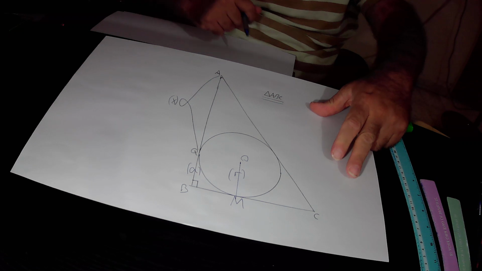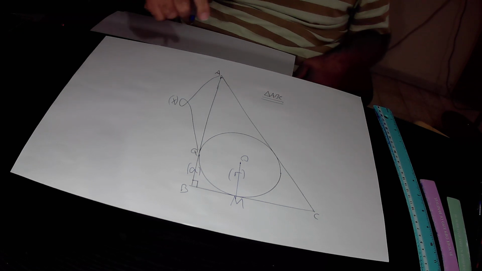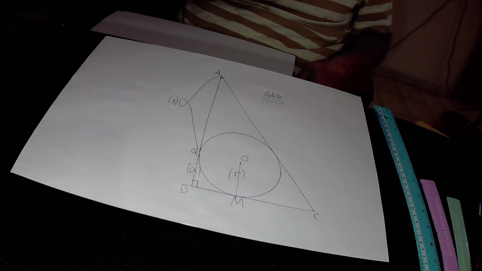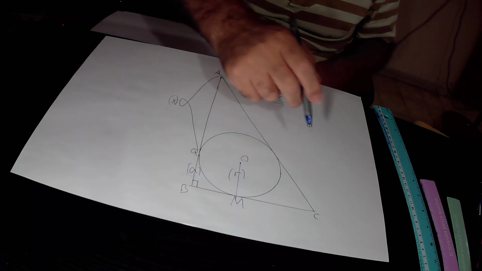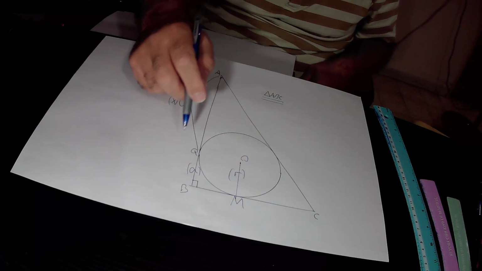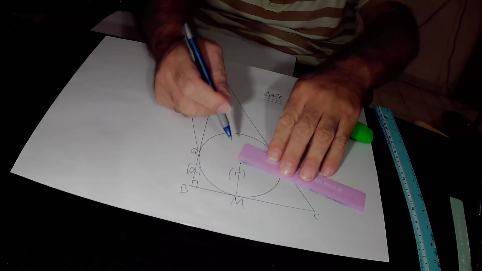The radius OM is drawn to point M, the point of tangency of BC with this circle, and whenever a radius is drawn to the point of tangency, the tangent BC is perpendicular to the radius MO. If BC is perpendicular to MO, it means that this angle equals 90 degrees.